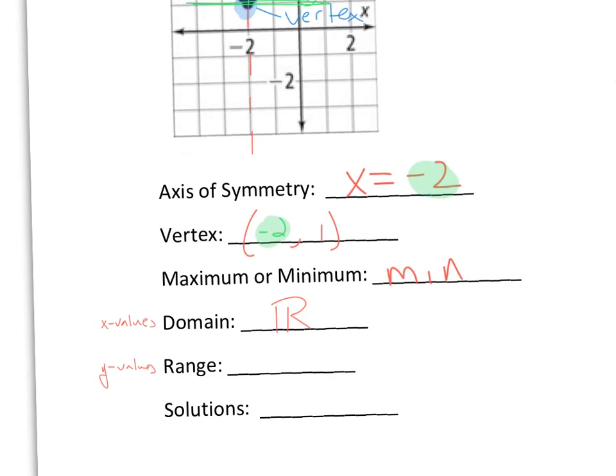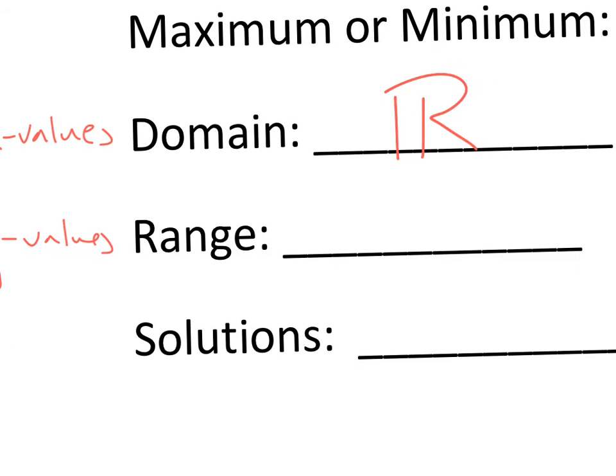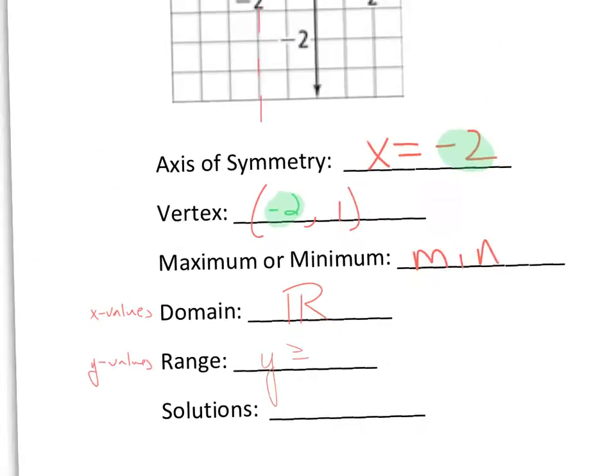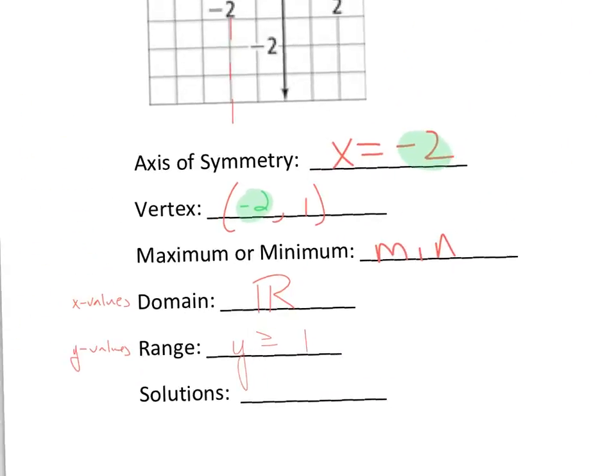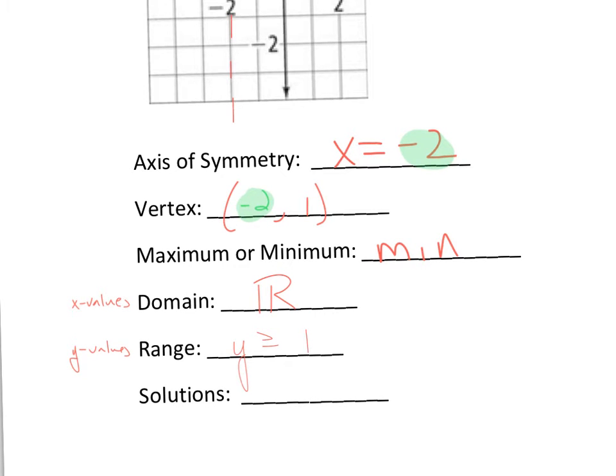So your range here will be y greater than or equal. It'll always be equal. So if it's going up, it's greater. And then what was that low number we looked at again? We looked at 1, okay? Now, another side note here, just like your x's were the same, well, guess what? Your y's are the same. So your x's here should match up and your y values here should match up.